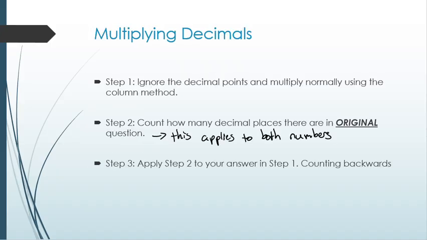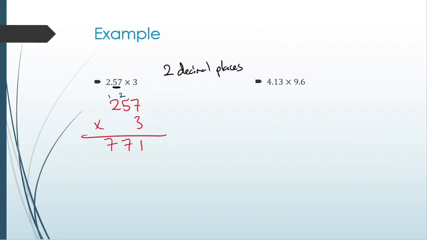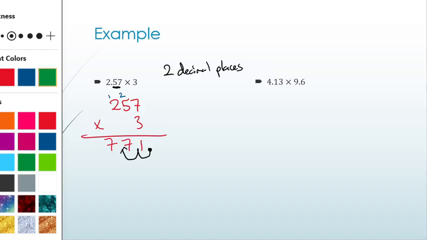Now, after we've done step 2, we're now going to apply this to step 1, so which is our answer here in red, and we're going to count backwards. So basically, start from here, and we're going to count 2 backwards in this case. So I'll have 1 and then 2, just like that. Okay? So let me just do this.